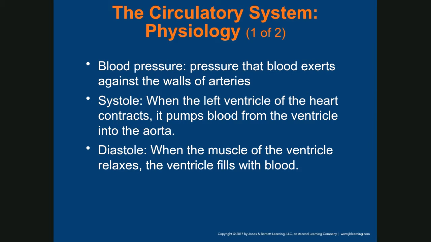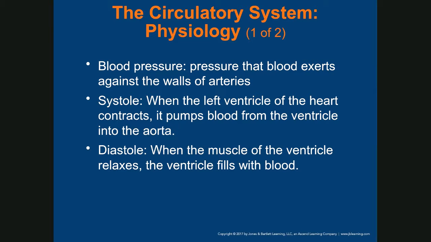All right, so circulatory system physiology. Blood pressure. Pressure that blood exerts against the wall of the arteries, right? In order for blood to effectively circulate around the body, there must be an adequate pressure within the body to push that blood around so that it can go to what we would consider to be vital organs and the rest of the body.